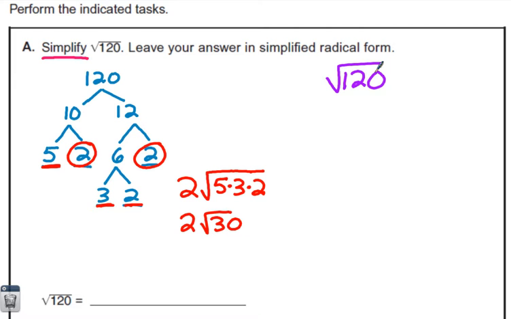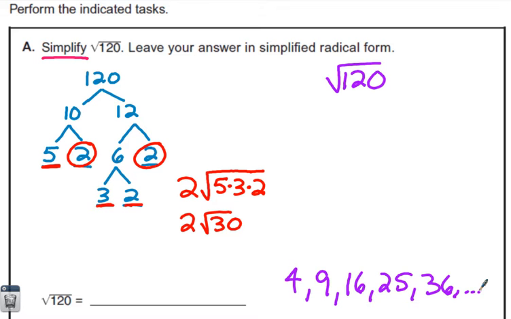I want to break it up into a square root that I can actually do cleanly, in other words, a perfect square. The perfect squares you have to be aware of, at least the first several, are 4, 9, 16, 25, 36, and that goes on and on. So I want to break up the square root of 120 just one time, making sure that one of the factors is a perfect square.